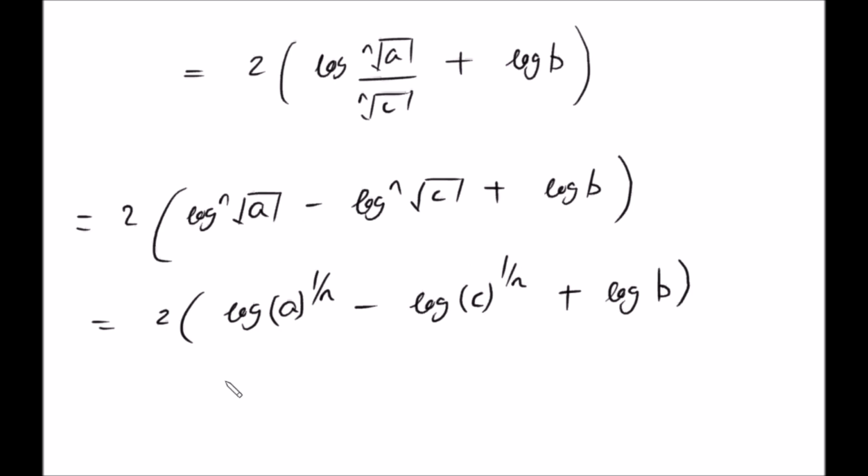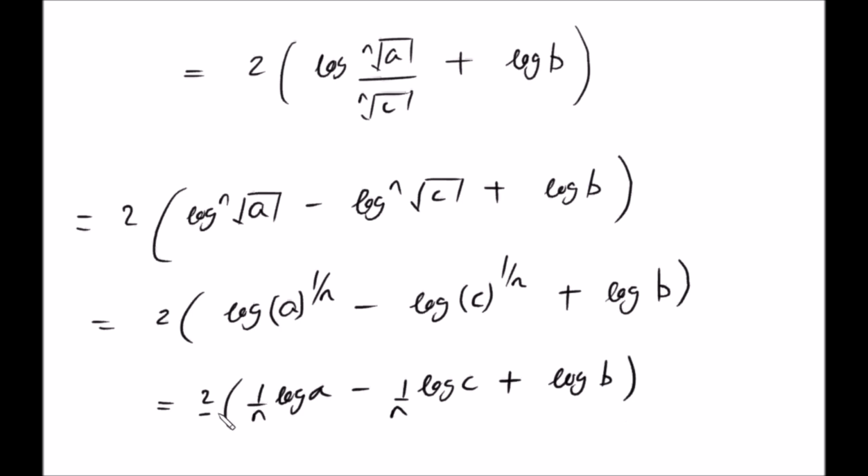So kuna law nyingine, law yetu ya 5 tukasema logarithm of the nth power is equal to n times the logarithm of that quantity. Kwa hiyo hapa itakuwa ni 1 over n times log a minus 1 over n times log c, law yetu ya 5 ya mwisho kabisa, plus log b.